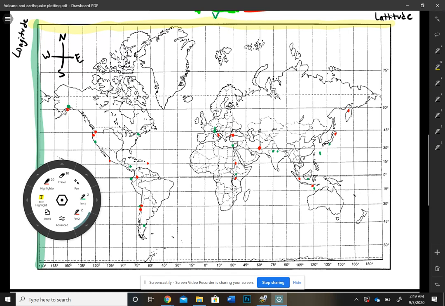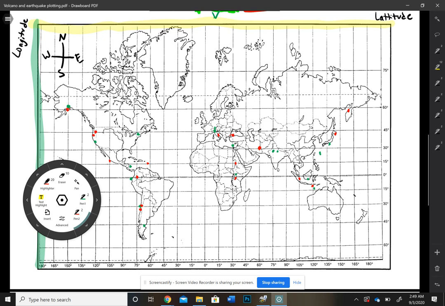Nice. Okay, so these are actual coordinates of actual earthquakes that have happened and volcanoes that are either currently active or were active. They're real. You just plotted real things on a graph.